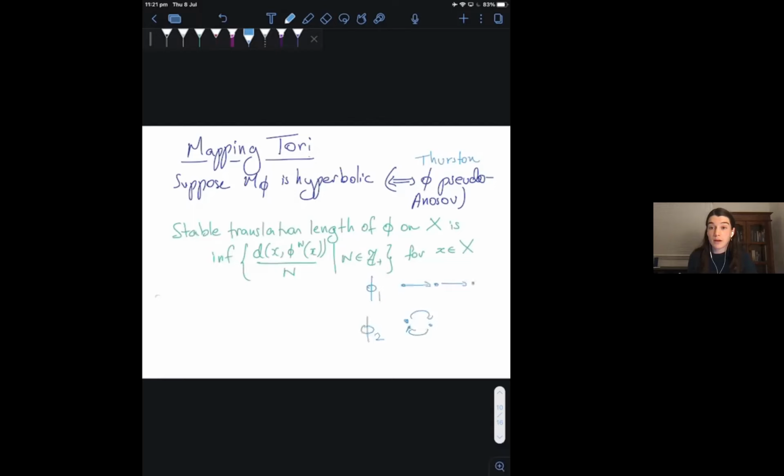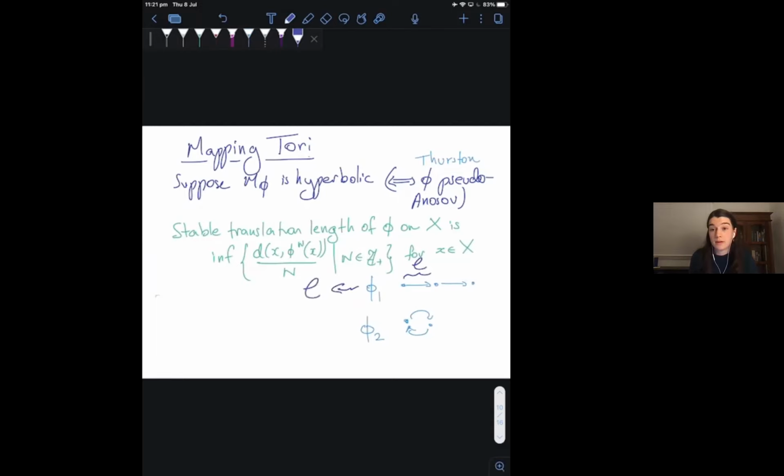For our first map here, if we plug in this point x, then as we apply phi1 over and over again, we just keep moving by a constant amount. If this distance here was, say, L, then this is going to give us just that L back.